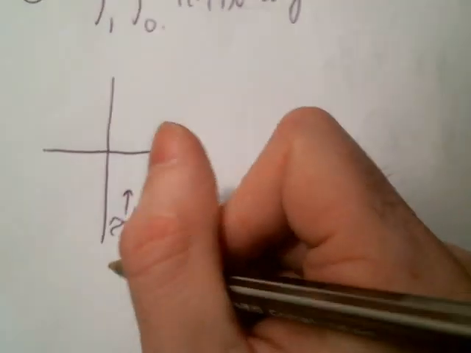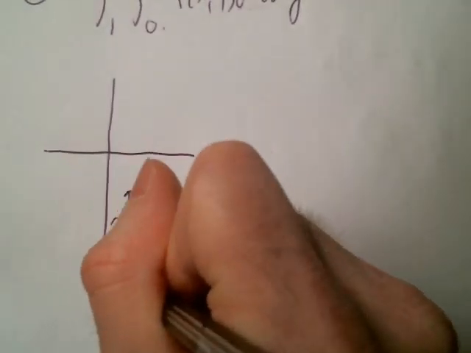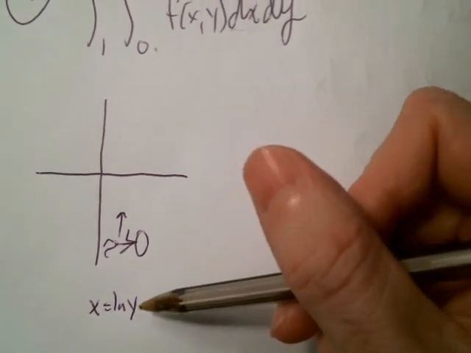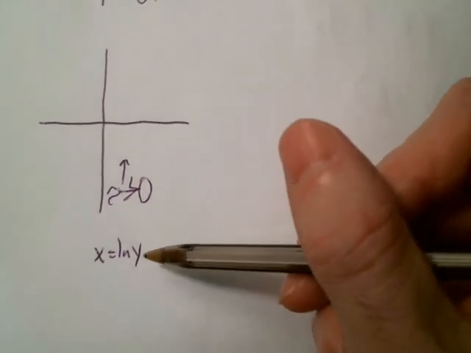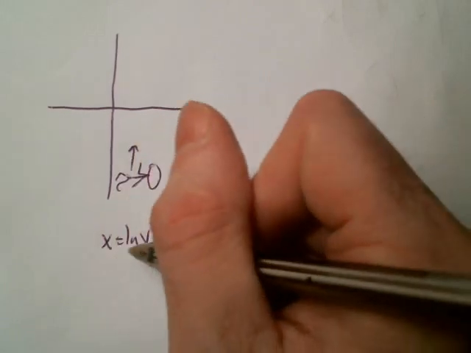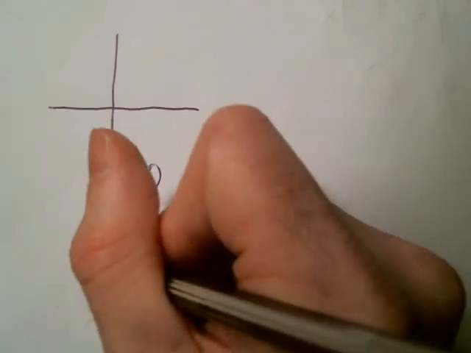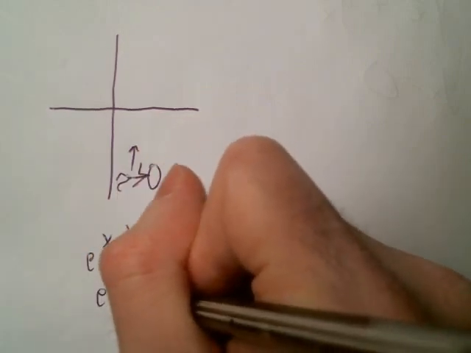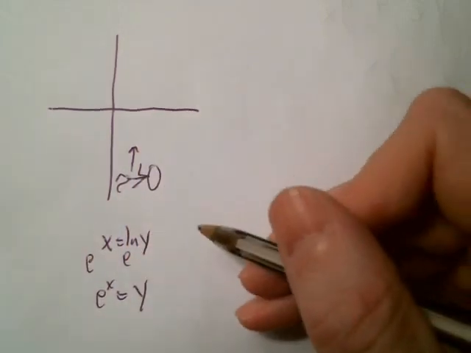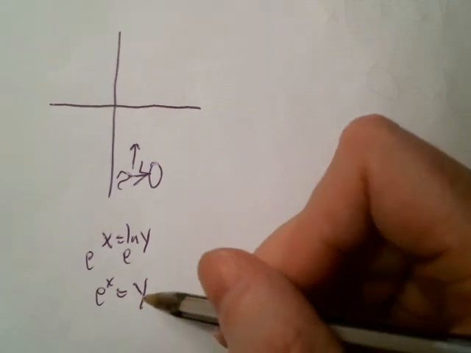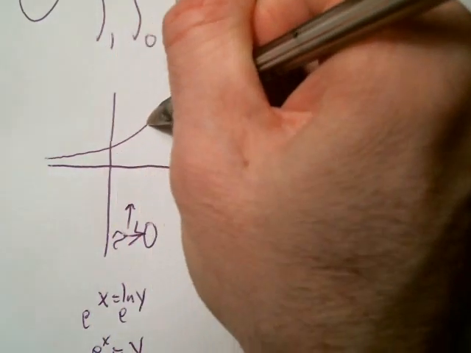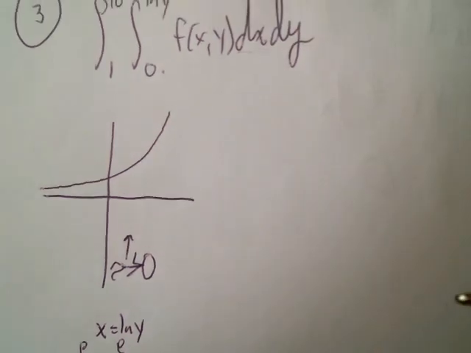Okay, so what the heck is that, right? x equals ln y. Well, just solve this for y, and that should kind of demystify it a bit. So to solve it for y, you exponentiate both sides. You get e to the x equals y. So x equals ln y is just y equals e to the x. Okay? So it's just this curve here.